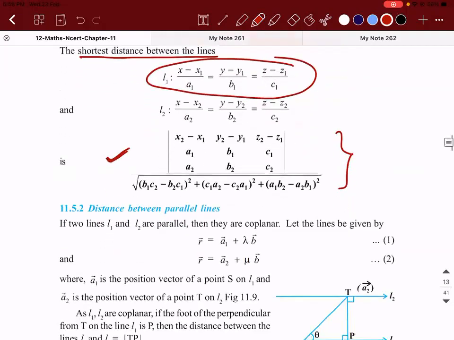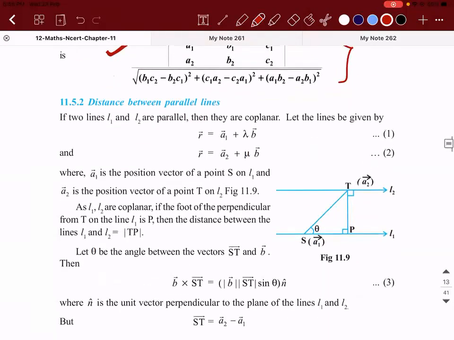Now, you asked me about the distance between parallel lines. R vector is equal to A1 vector plus lambda times B vector, and R vector is equal to A2 vector plus mu times B vector. What is the difference between skew lines and this one?